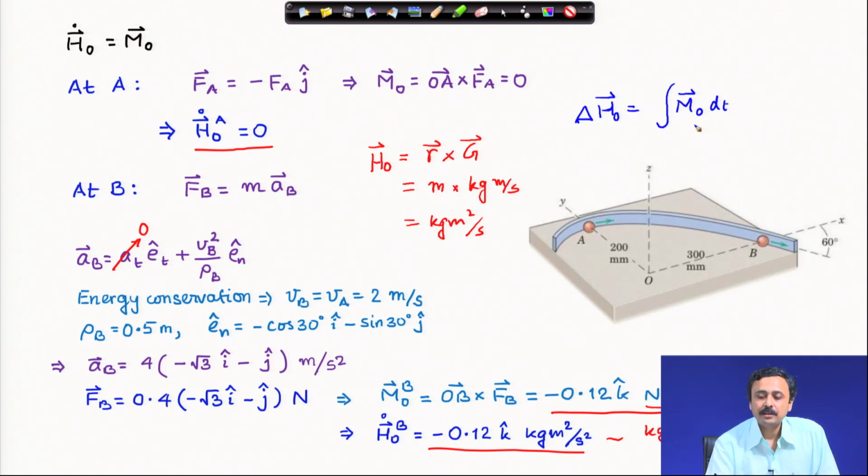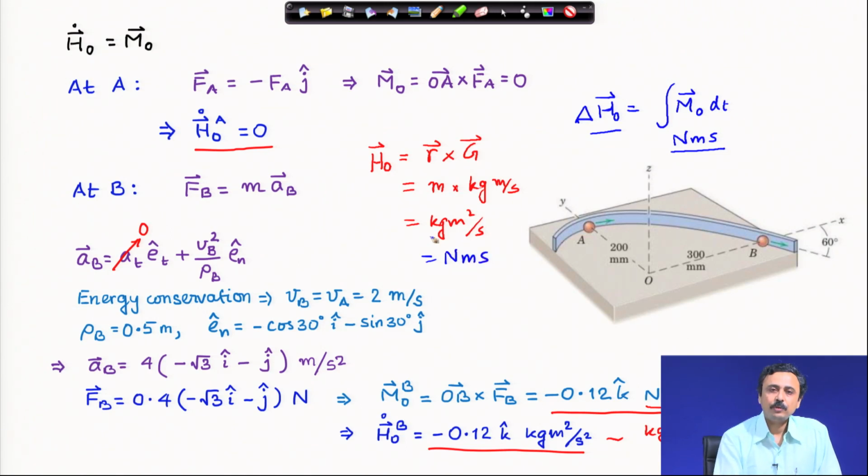From here also you can find units of angular momentum: Newton meter is the unit of moment and second is the unit of time. When you integrate, it is moment times time. Therefore, H also has the unit Newton meter second, which you can change, Newton to kg meter per second square, and get the same unit. Therefore, you can find this angular momentum being expressed in various kinds of units.